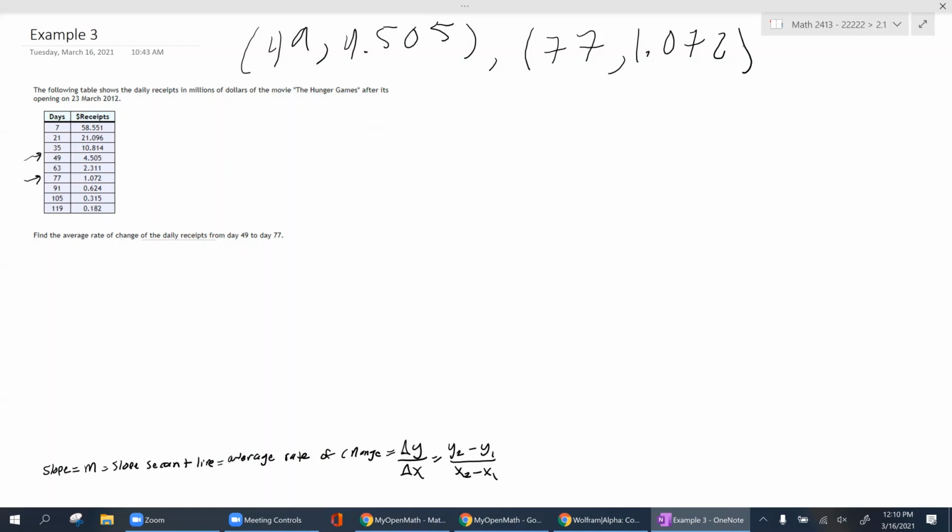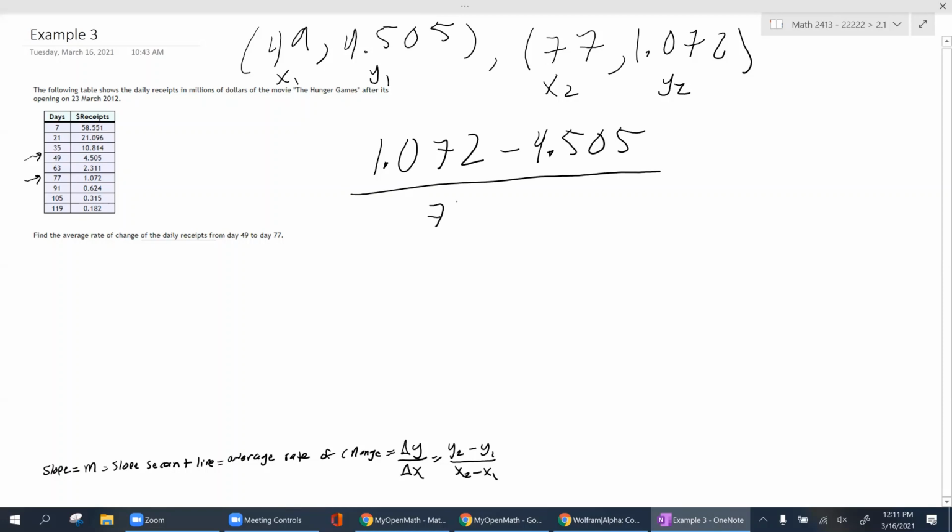That's just the slope of the secant line. That is just y2 minus y1 over x2 minus x1. Let's label these: this is x1, this is y1 because that's for group 1. This is x2 and y2 for group 2. So this is 1.072 minus 4.505, all over 77 minus 49. Let's see what the numerator gives me.